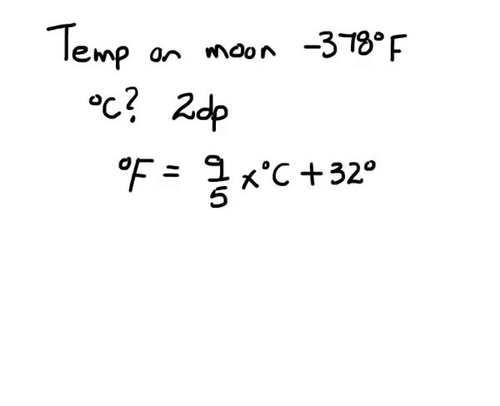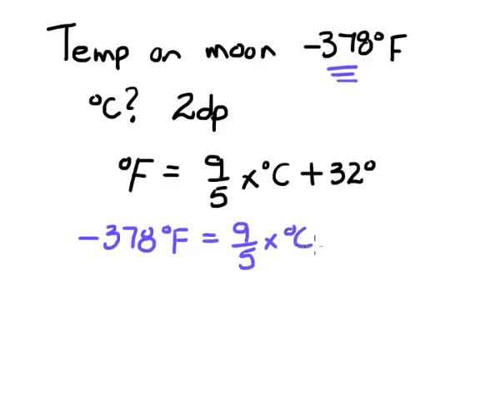Okay, so we're still going to do the same thing as what we did previously. We are going to be substituting this in. The thing is that we have to put it in here because it is our degrees Fahrenheit. So here we're going to start with negative 378 degrees Fahrenheit equals 9/5 times our Celsius plus 32 degrees. Okay, so now we're solving an equation here.